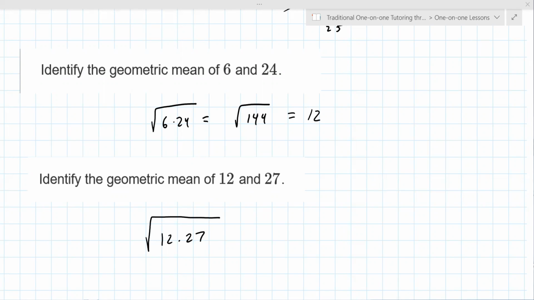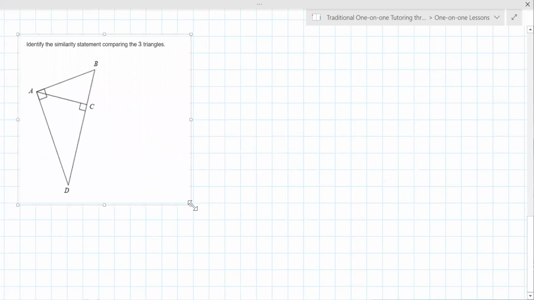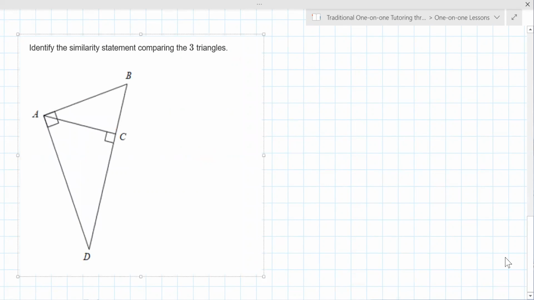Now, we did skip a question. And this is where this whole thing is leading. Let's see if I can get this in here. So this picture I'm about to snip in, it's actually 3 triangles. There's the small one.